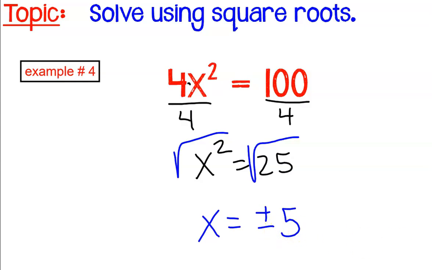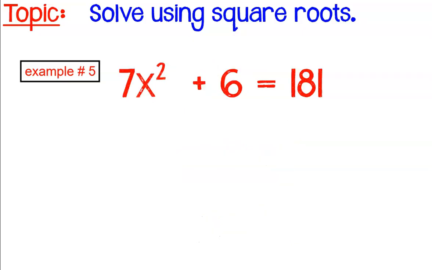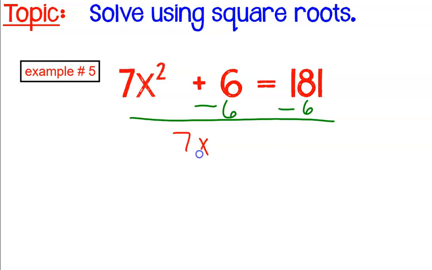All right, let's try another one. Let's remove our constant from this left side here. One should be 5. And then we'll clear our coefficient by dividing.